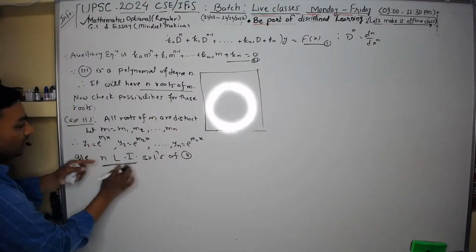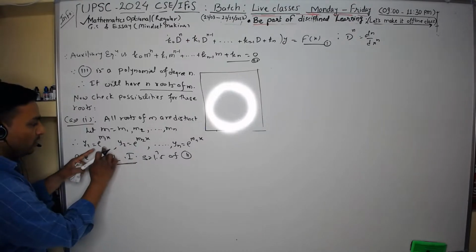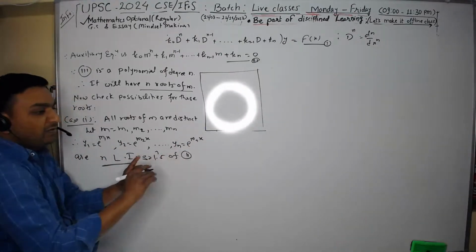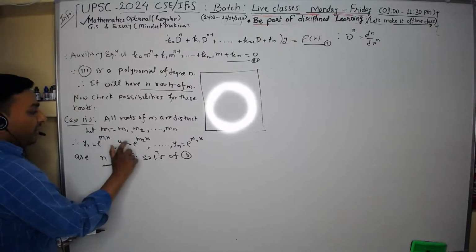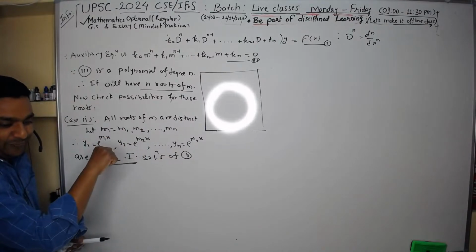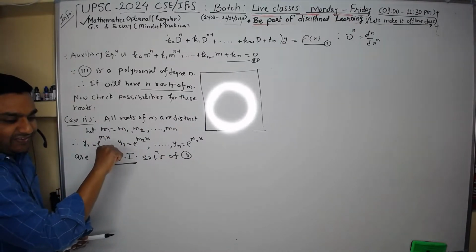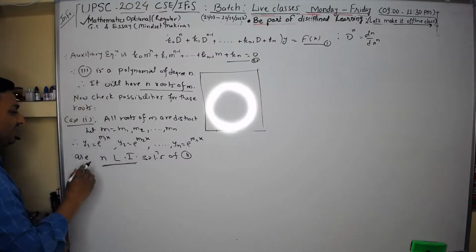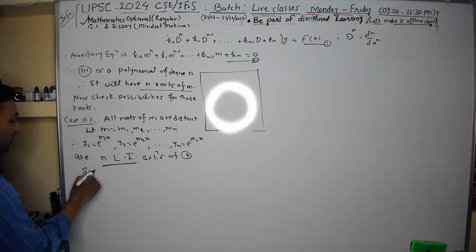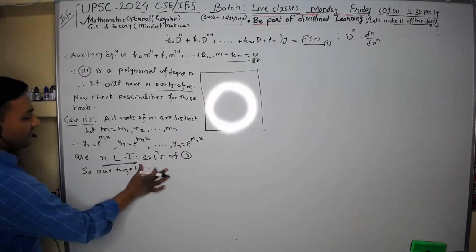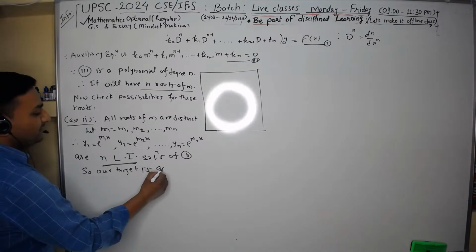Why? क्यों LI होंगे? Because e raised to the power m1x, e raised to the power m2x, e raised to the power mnx will be linearly independent if m1, m2, mn are distinct. Told you previously. अभी समझ में आया necessary point 1 why I told you. चलिए, so our target is achieved. यही तो टारगेट था ना अपना, चेक कीजिए.